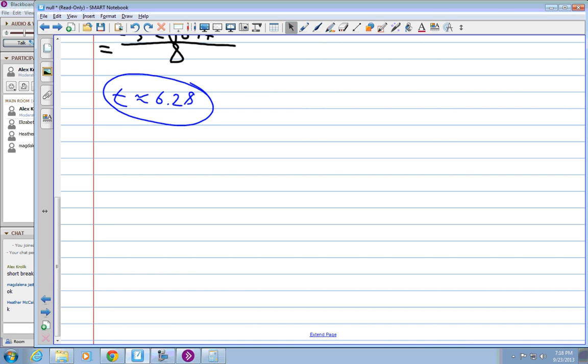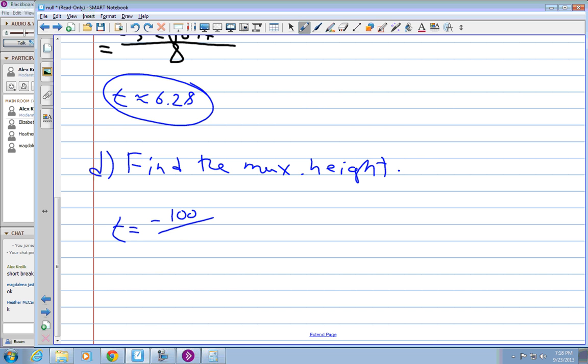find the maximum height reached by that marker, and that will be finding the vertex. Okay? In order to find the maximum height, we have to do the vertex formula. So t would be negative b, so it's negative 100 over 2a, so it's 2 times negative 16.